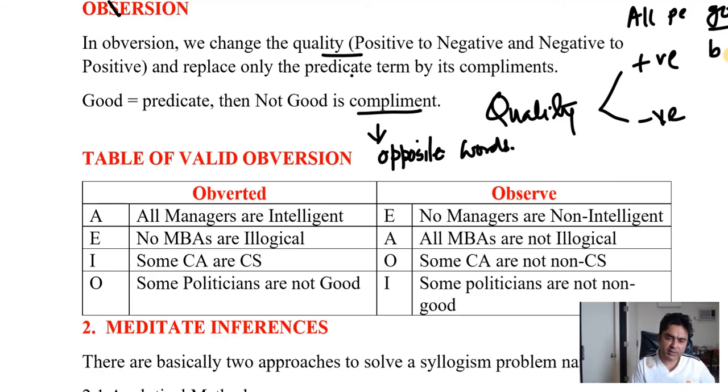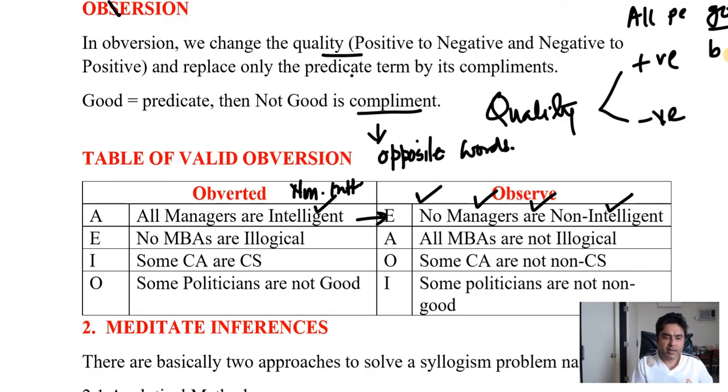So what is the opposite of illogical? Logical, right? And this is E. Now E can be converted into A, means no, I have to remove and then I have to put all. So all MBAs will remain as it is, are as it is, and illogical, or you can say not illogical or logical.